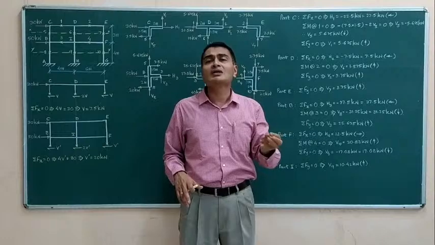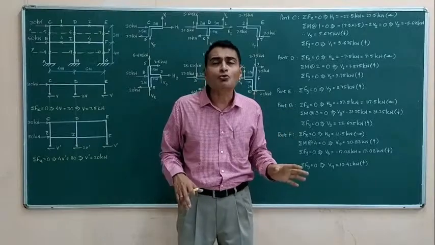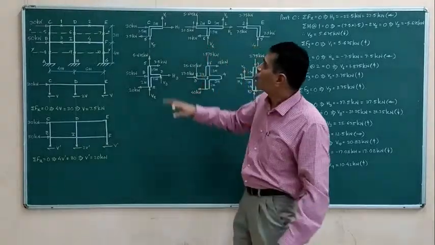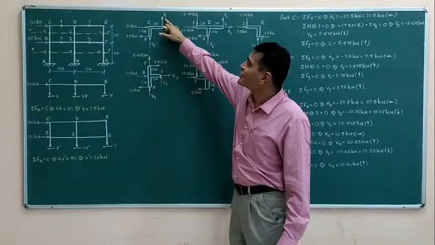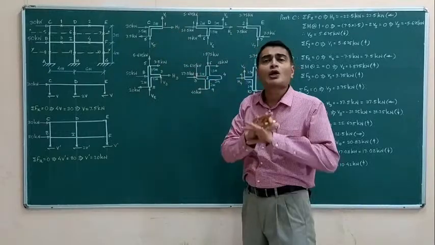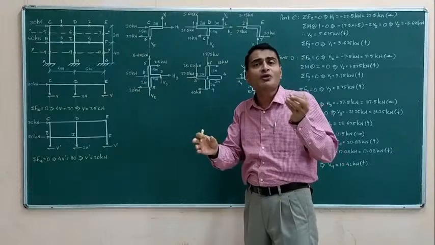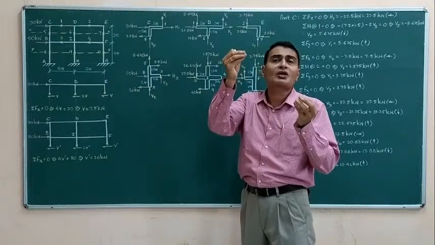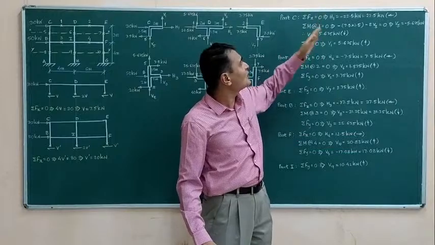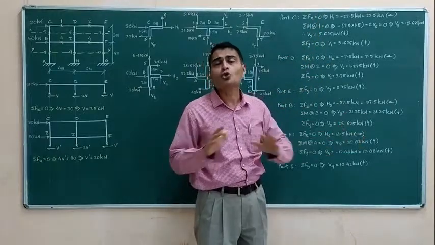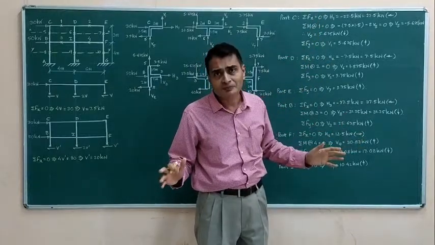It is assumed that these are very preliminary things for you at this level. So you draw the FBD perfectly, show positive senses upwards and rightwards. There are no moments because we have the point of contraflexure to point of contraflexure portion isolated. Just apply 3 equations for 3 unknowns, you will get 3 answers.